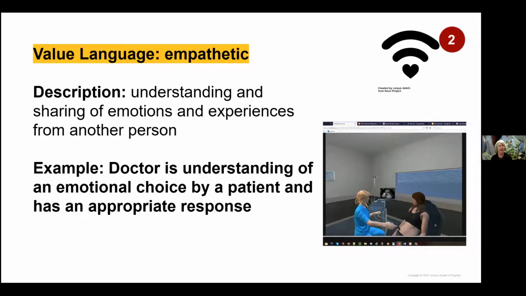And we had not really taken into consideration the fact that this woman was going through a very difficult emotional choice with her child. And so the doctor's avatar was just coldly going through the motions, but there was no realization that this was quite a scary topic to cover.